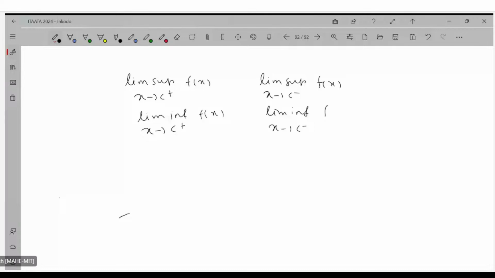All will have finite values. We'll take the maximum of all of these and then the minimum of all of these. Let me define it.